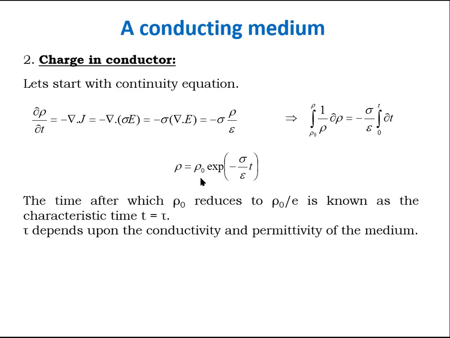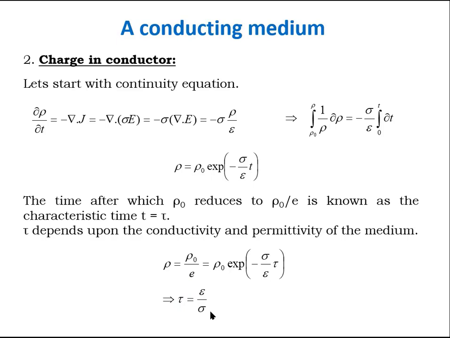The time after which rho naught reduces to 1 by e times rho naught is known as the characteristic time, t equal to tau. This tau depends upon the conductivity and permittivity of the medium, epsilon divided by the conductivity of the medium. It says that for a good conductor, the characteristic time is very small.